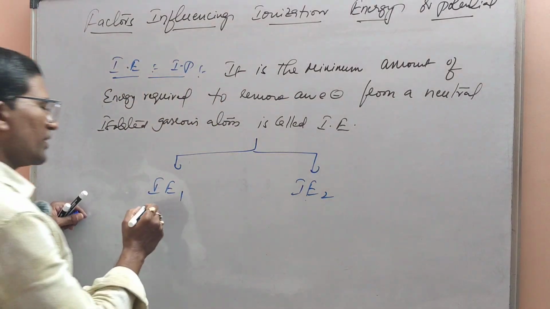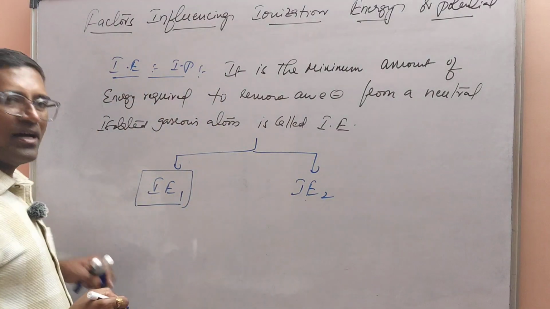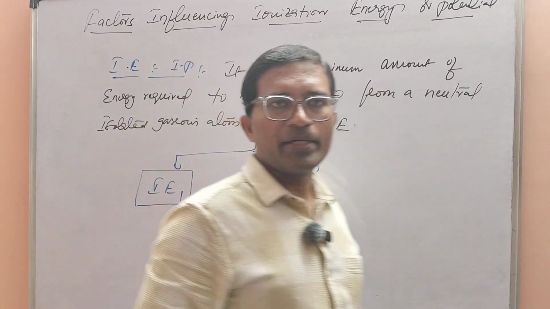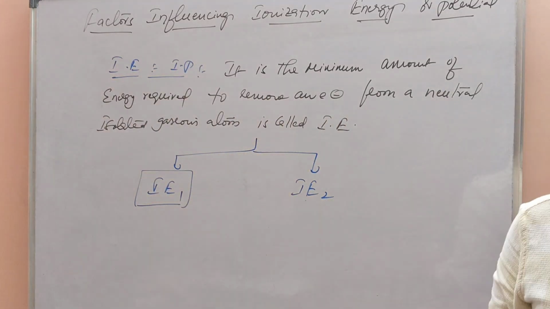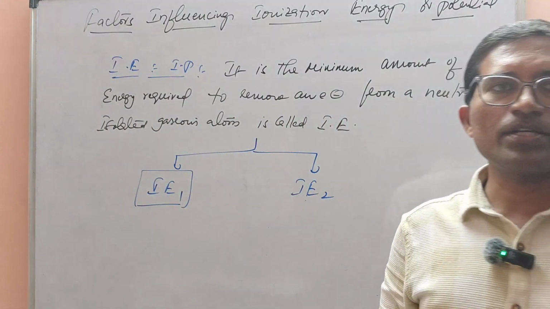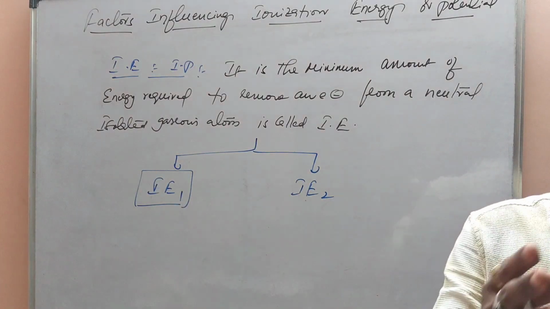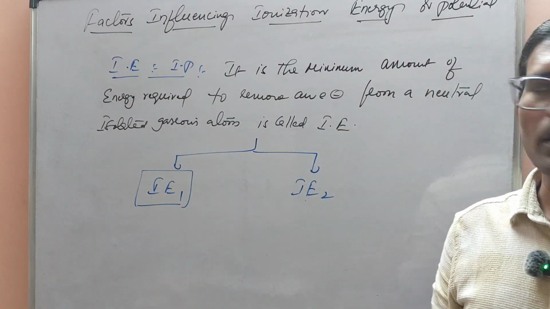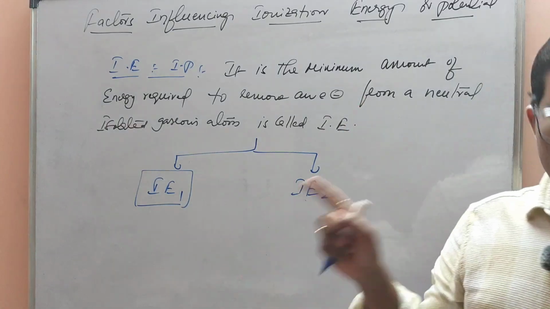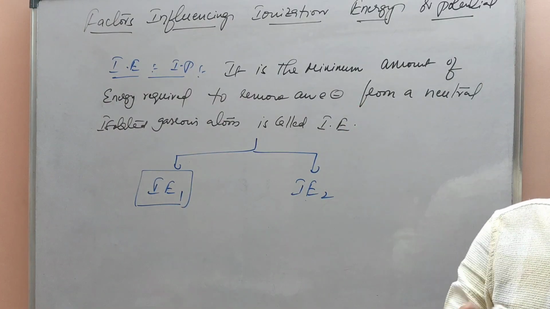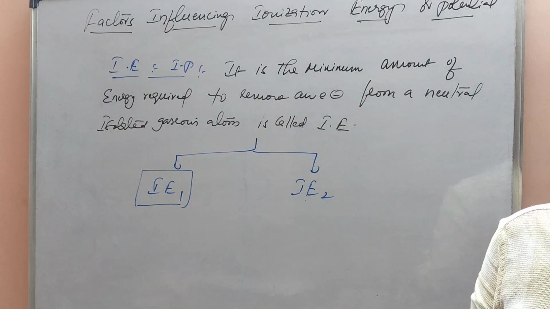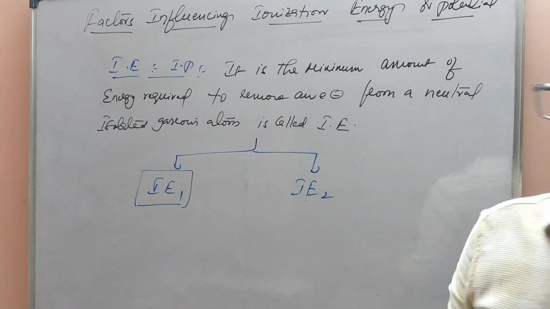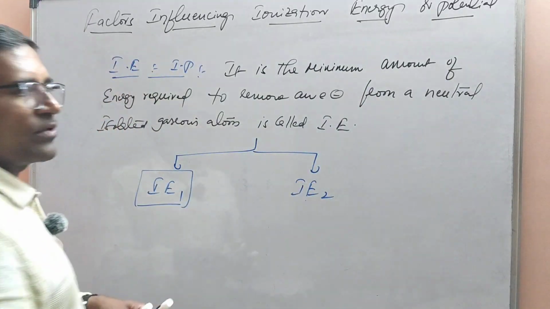What is first ionization energy? It is the minimum amount of energy required to remove the first electron from a neutral isolated gaseous atom.